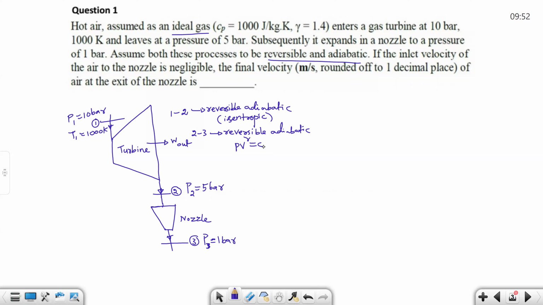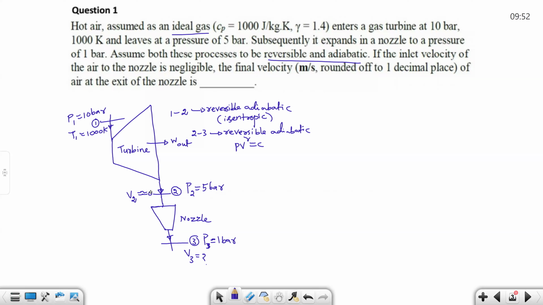So what is asked? What is the final velocity, V3? This is what is asked: the final velocity at the exit of the nozzle. And it is given that the inlet velocity of the air to the nozzle is negligible. That means V2 is approximately taken as 0.